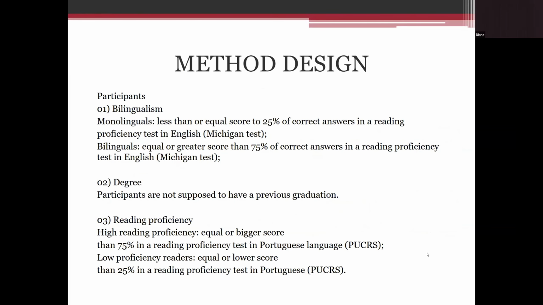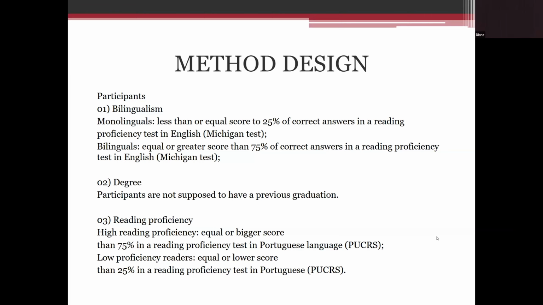So our method, our participants, the variable bilingualism, they were supposed to do two tests, a Portuguese reading test of the university where I did my PhD, and also an English proficiency test that is Michigan, and they were categorized as bad readers if they got 20%, 25% or less, and 75% or more as good readers.